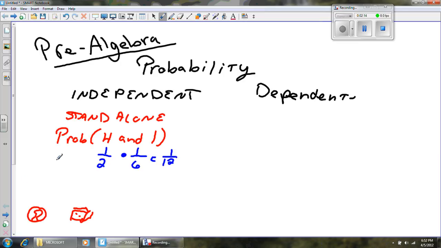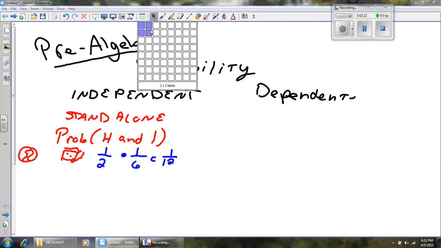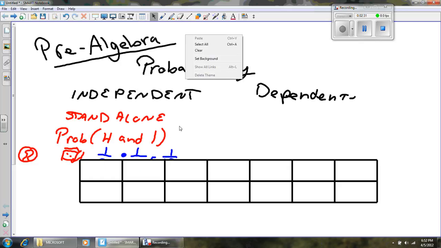Now, I could show this to you another way. Let me insert a little chart here. I can prove this to you that it's 1 out of 12.